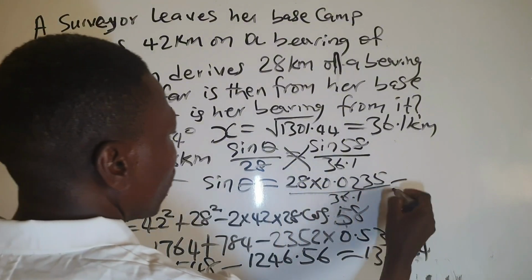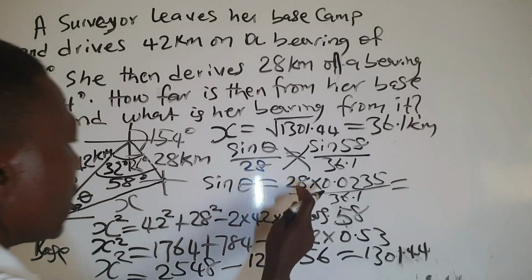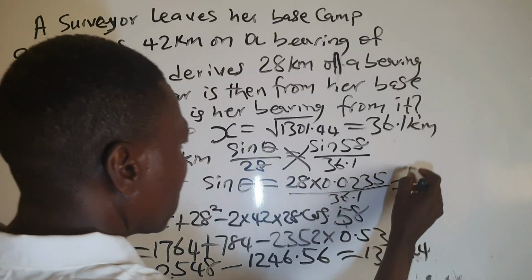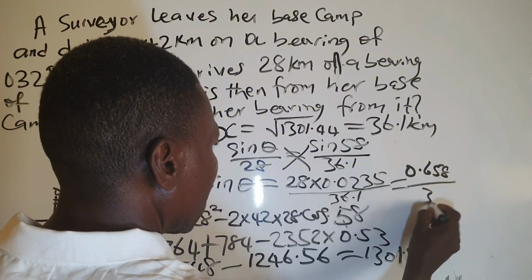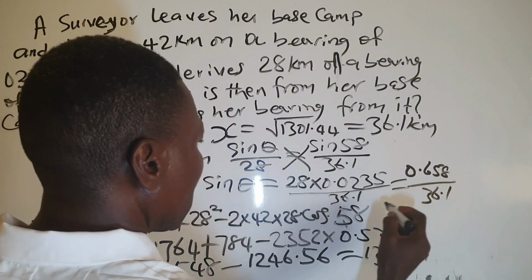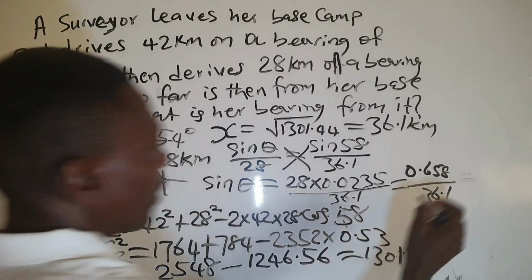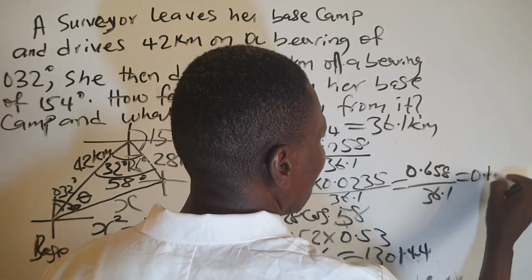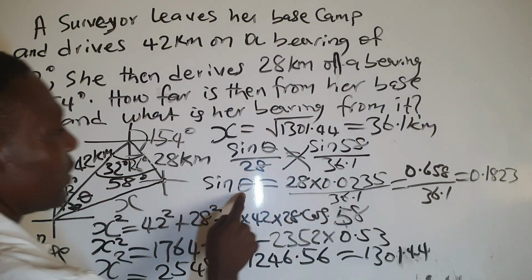This times this will give us 0.658 over 36.1, and when we divide by 36.1, will now give us 0.1823.